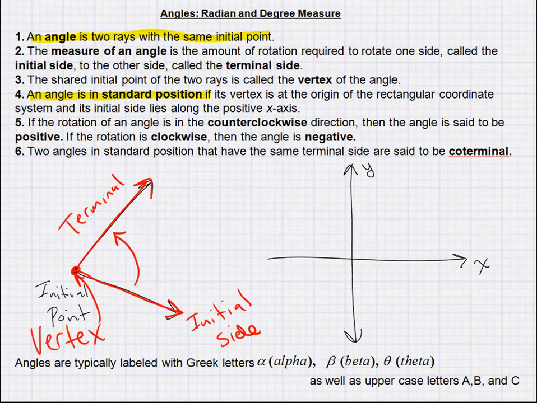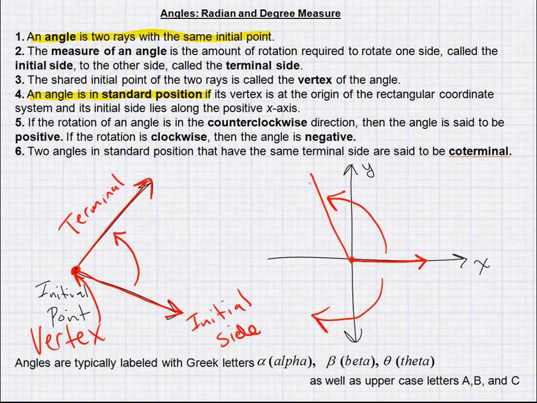If I'm going to draw an angle in standard position, the initial side is going to have its vertex at (0, 0), and the initial side is going to be the positive x-axis. And then I'm going to rotate from there to get to the terminal side. Well, I could rotate it this way, or I could rotate this way.